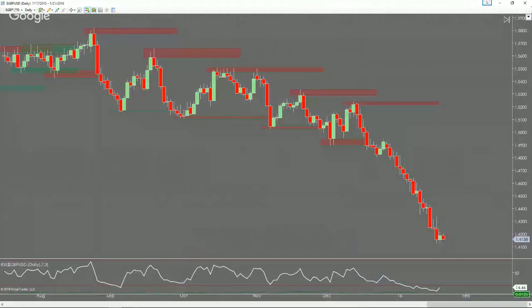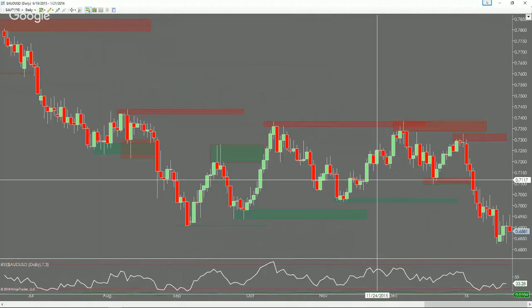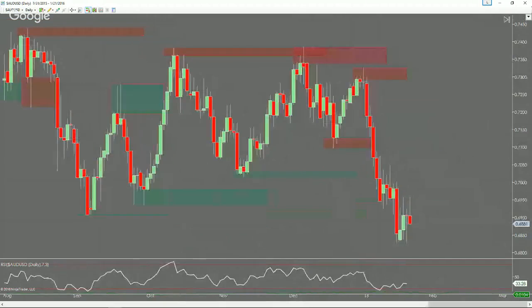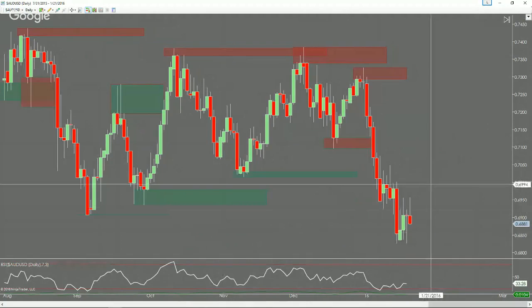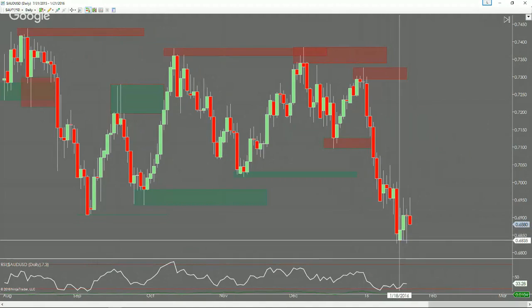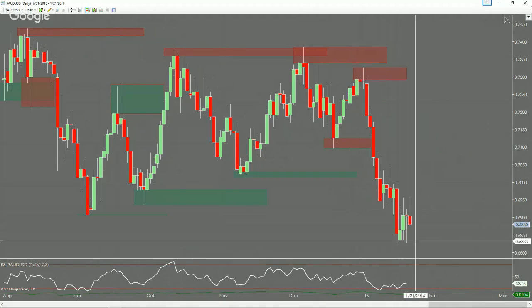Let's go ahead and go to Aussie dollar. Okay, Aussie dollar, about the same. We're forming what looks like it's going to be about a double bottom right here.